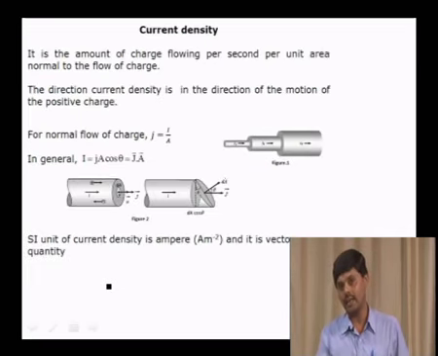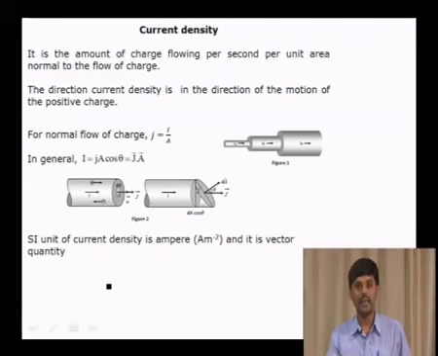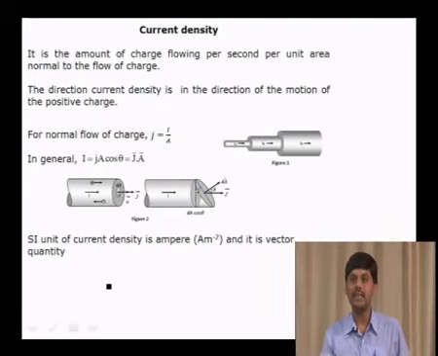Next, current density. It is the amount of charge flowing per unit area normal to the flow of the charges. The direction of current density is the direction of motion of the positive charges. J is equal to I by A, current per unit area.